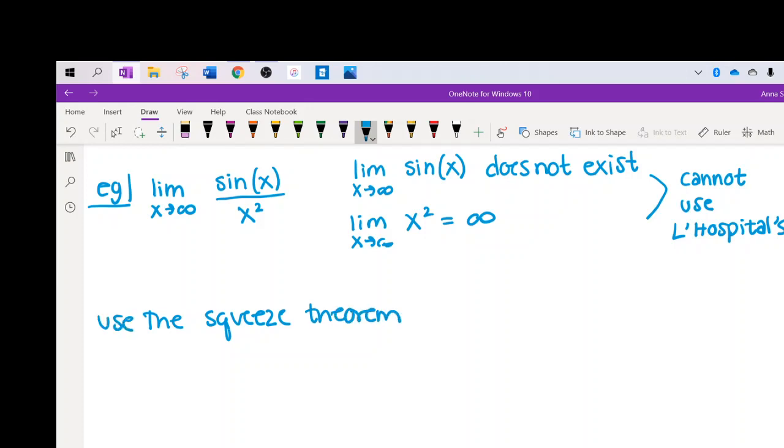Use the squeeze theorem. So we start off by saying, okay, we know that sine of x is between -1 and 1. And so that tells us that -1 over x squared and +1 over x squared, those are kind of the boundaries of sine of x over x squared.